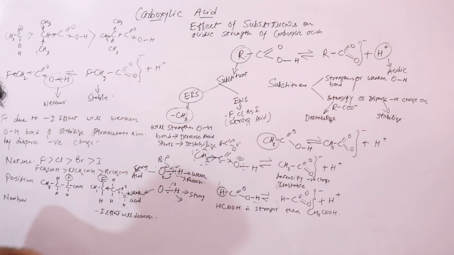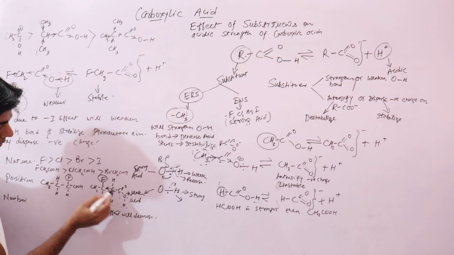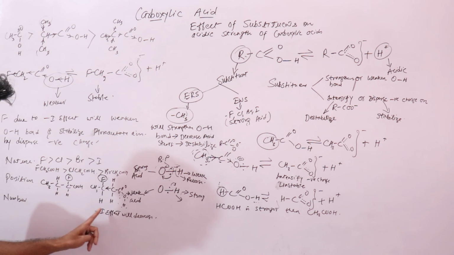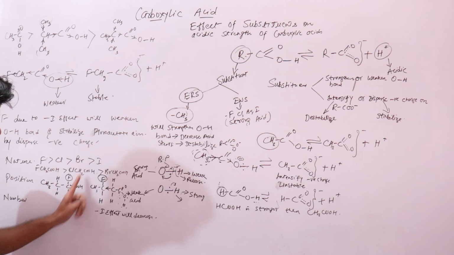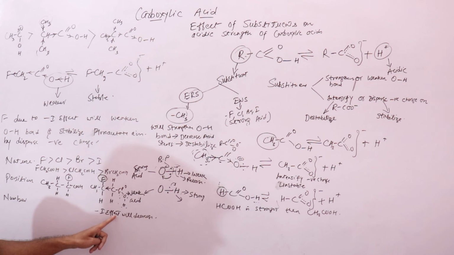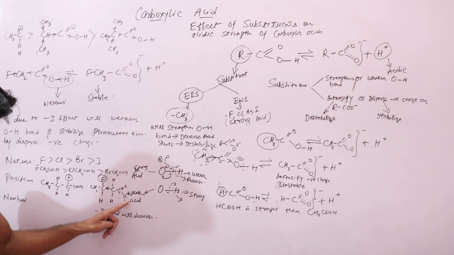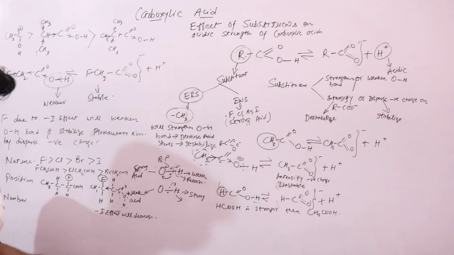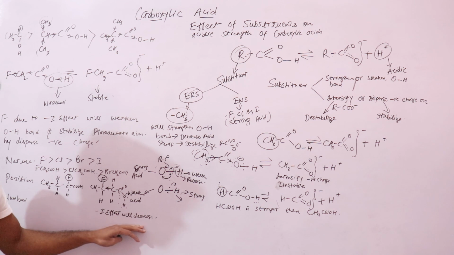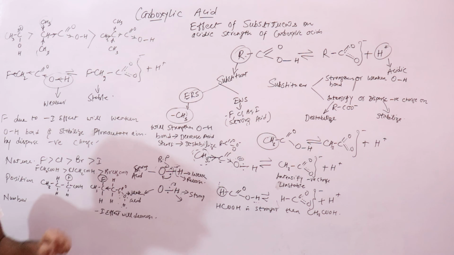But this minus I effect is less when this fluorine atom is away from this carbon. That means the ion would be less stable and the hydrogen ion release will be more difficult in this case, because the minus I effect is less when the fluorine atom is away from carbon.